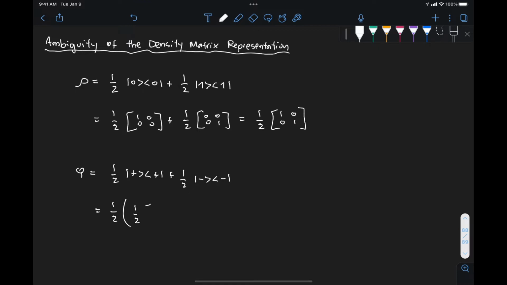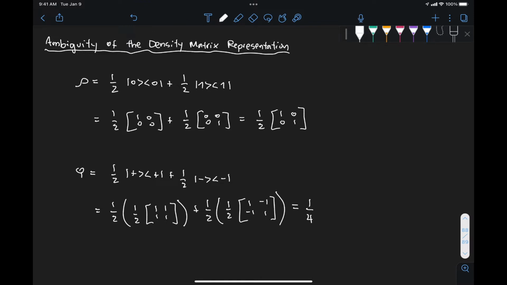Well, it's 1/2 [1 1; 1 1], and then plus 1/2 of the density matrix for the state minus, which is 1/2 [1 -1; -1 1]. So then if we multiply these halves, we get 1/4. And then if we add each of the elements in these two matrices, we get [2 0; 0 2], which gives us the matrix 1/2 [1 0; 0 1].